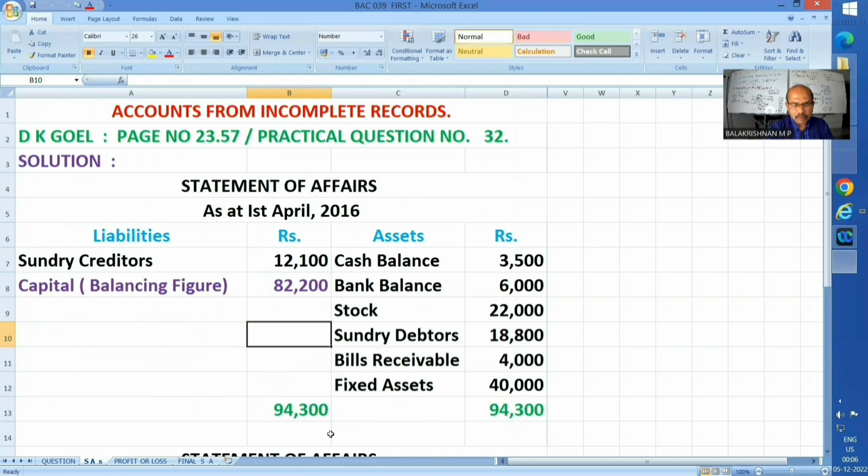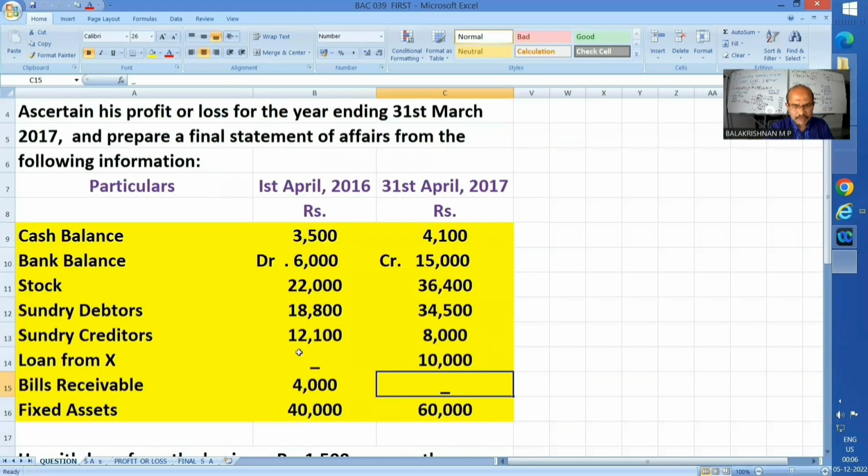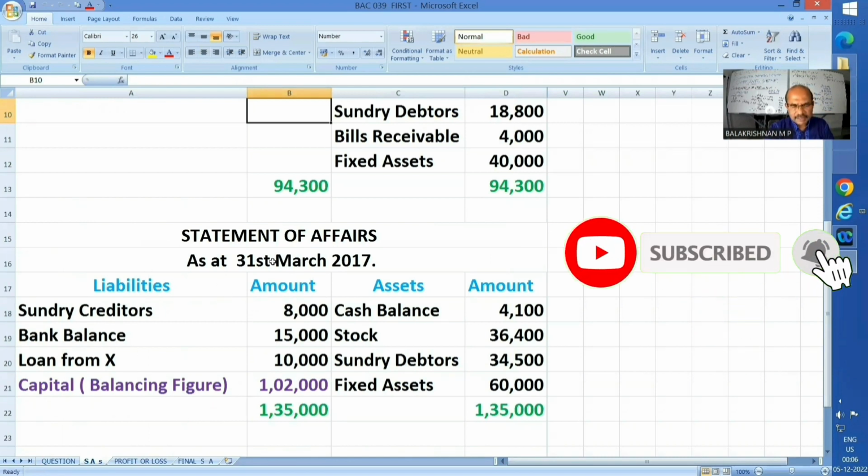This is the opening statement of affairs. Same figures have been listed down there suitably. Similarly, these closing figures have also been taken into account for the purpose of preparing the statement of affairs as at 31st March 2017.